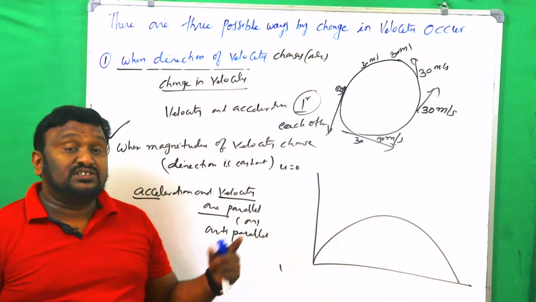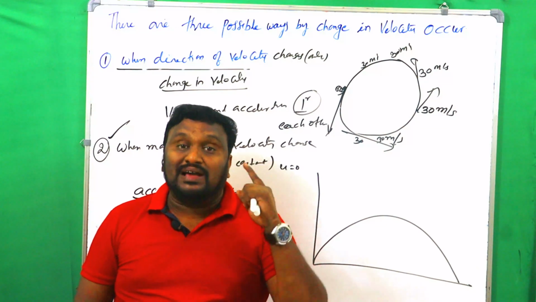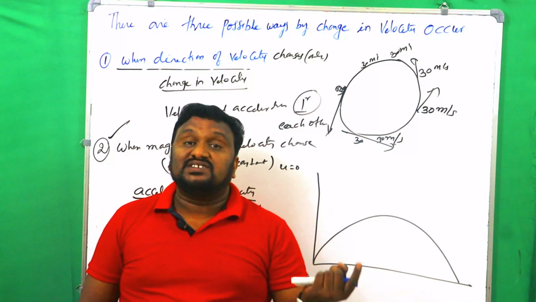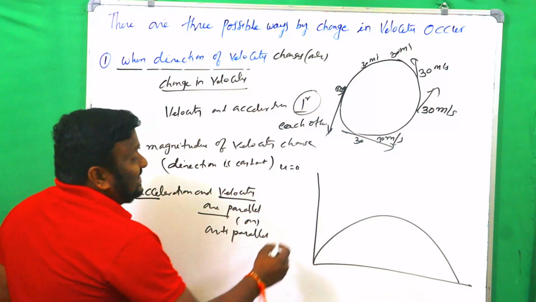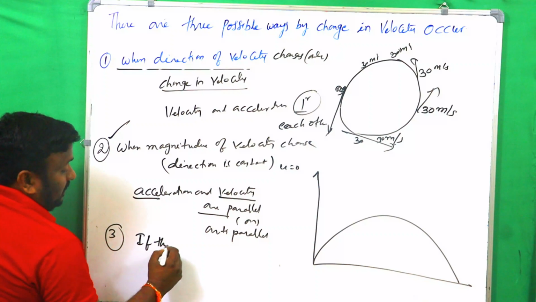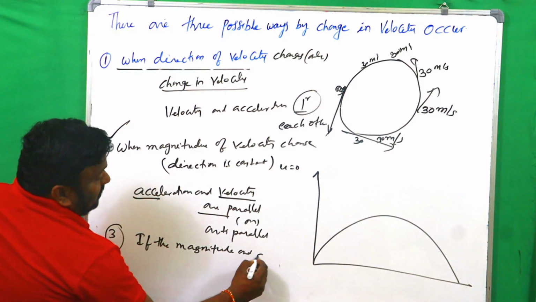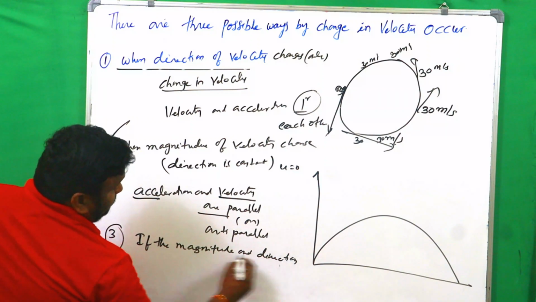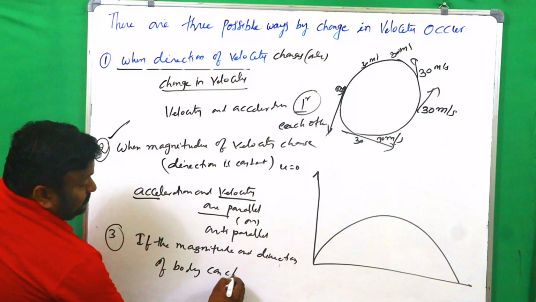But for the third condition, if both magnitude and direction change, then also change in velocity takes place. For that example, what is that condition? If the magnitude and direction of the body can change.